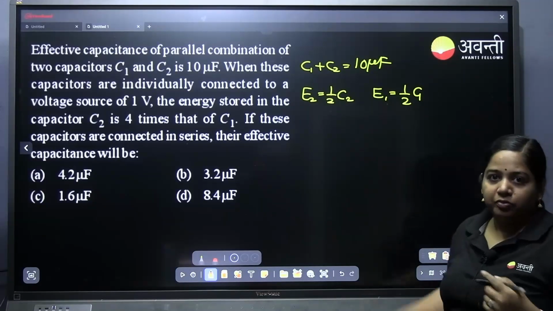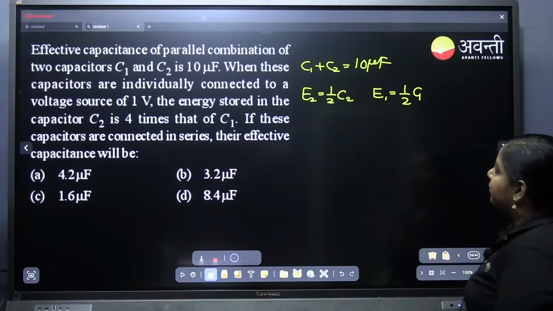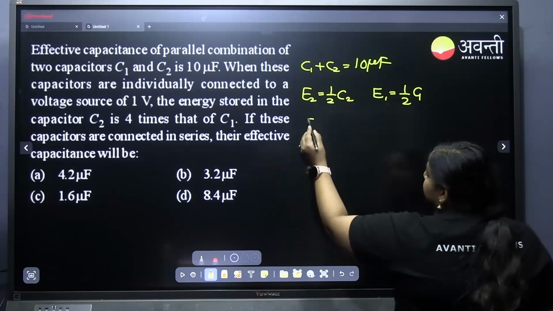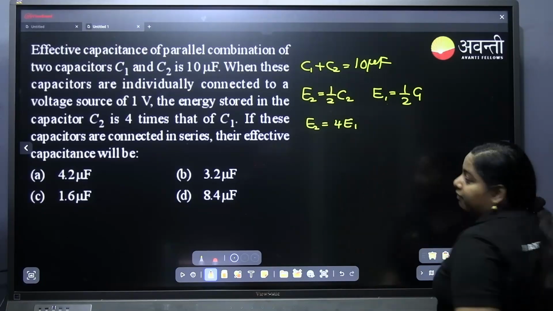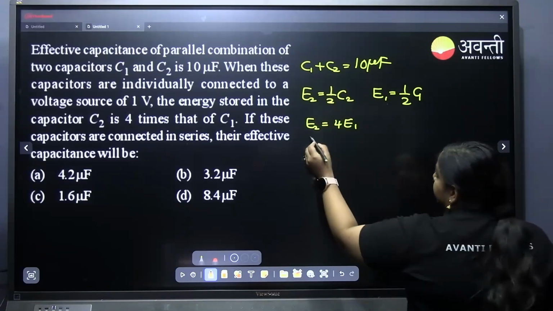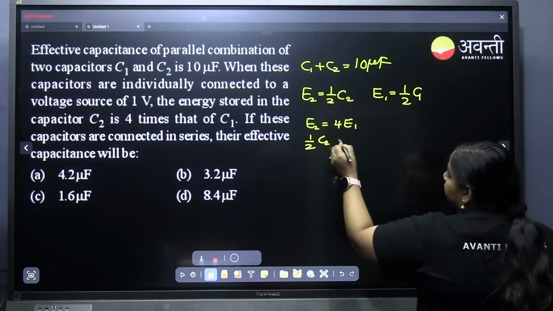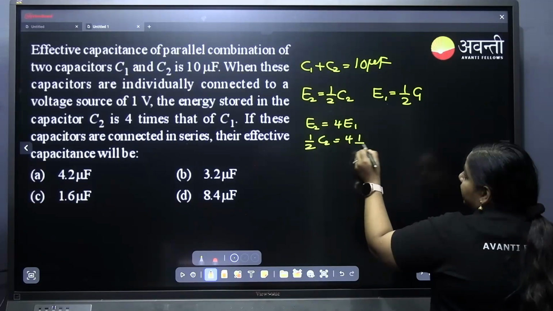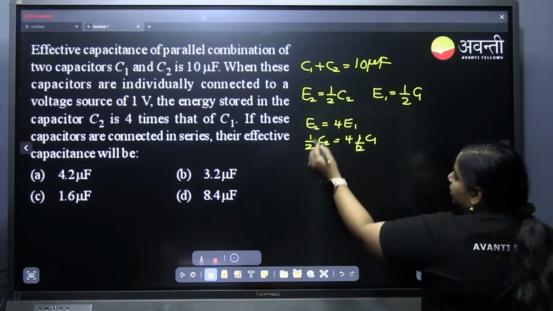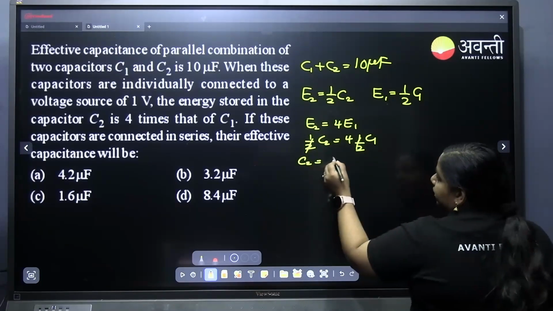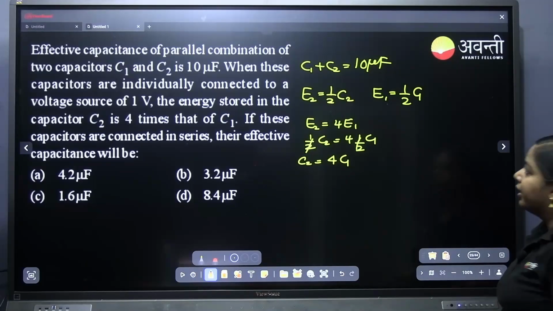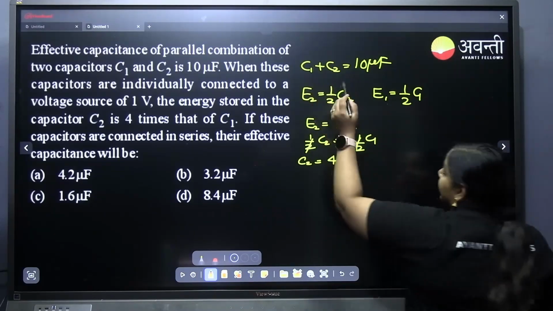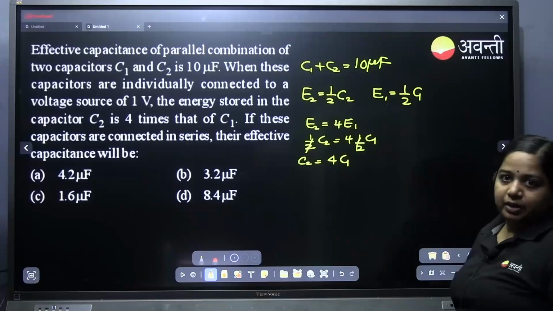Again, V is 1, so 1 square I am not writing. What is given? Energy stored in 2 is 4 times energy stored in 1. From that, what will you get? Half C2 will be equal to 4 times half C1. Half cancel. C2 equal to 4 C1. We got this, right? We can substitute that here and solve for C1.